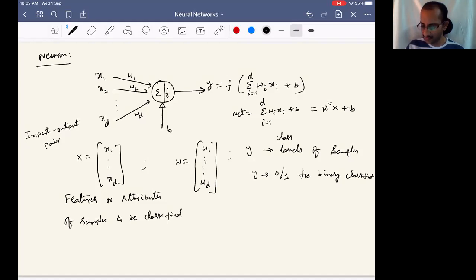And then what is it that we are learning in neural networks? Weights and bias. Yes, we need to learn weights and biases, to be updated or found based on what?